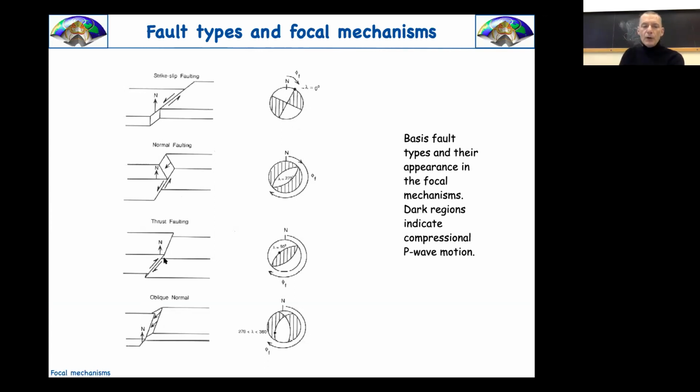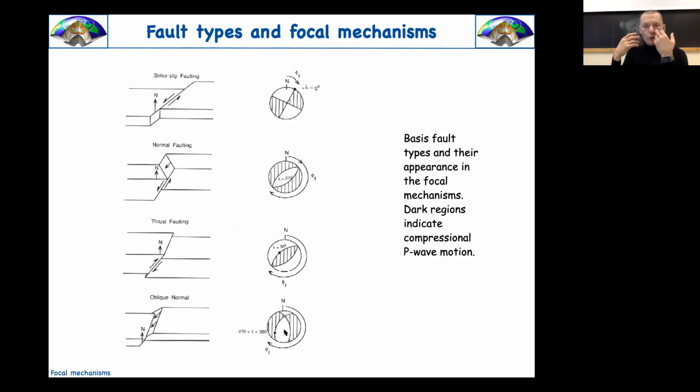If you have a normal or a thrust, you will see something like that with white or black inside, according to whether it is normal or inverse or thrust. The amount of white and black will depend on the dip of the fault. It's very easy, and it's a very nice representation. And if you have a combined mechanism, you will see a mixture like that.